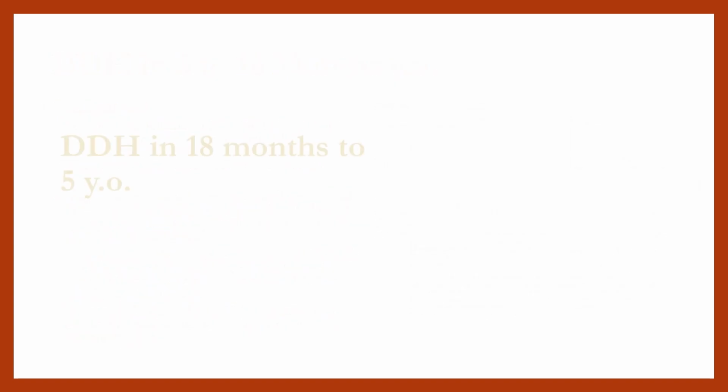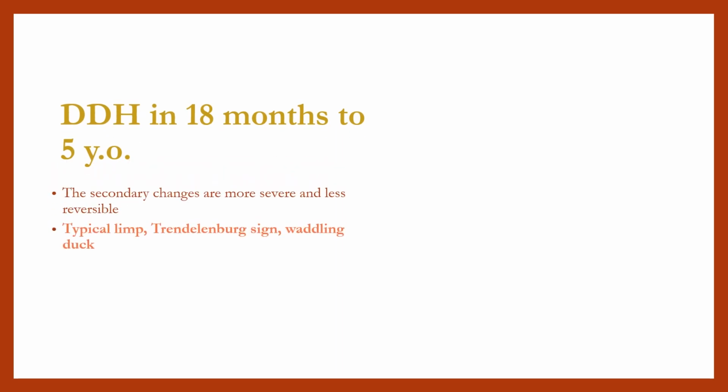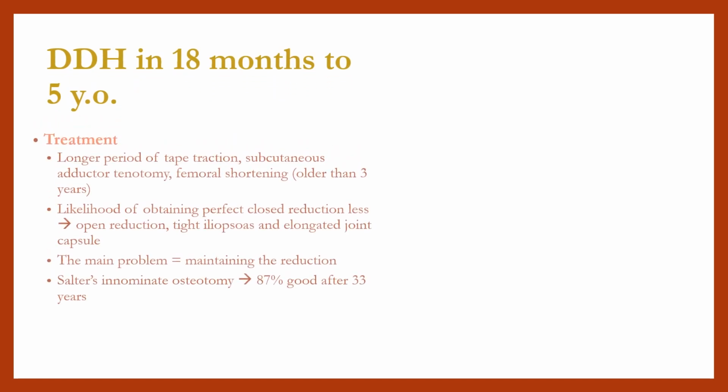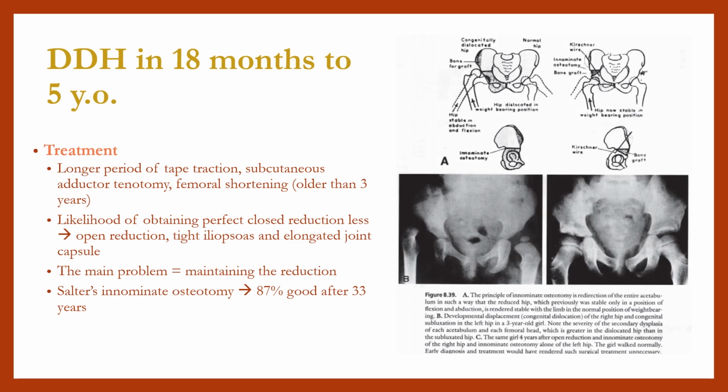DDH in 18 months to 5 years old. The secondary changes are more severe and less reversible. We should always check for the typical limp, Trendelenburg sign, and waddling duck gait. The treatment: longer period of traction, subcutaneous adductor tenotomy, and femoral shortening for children older than 3 years.